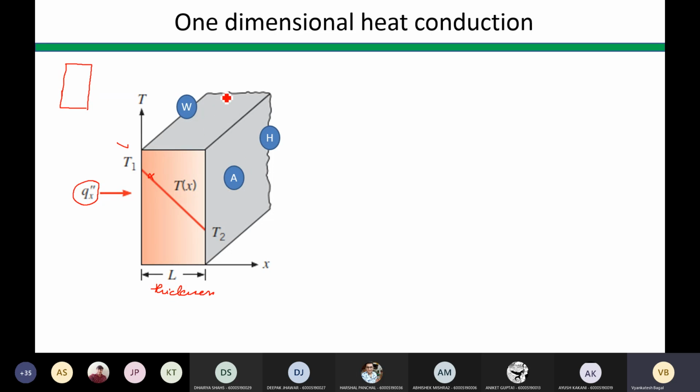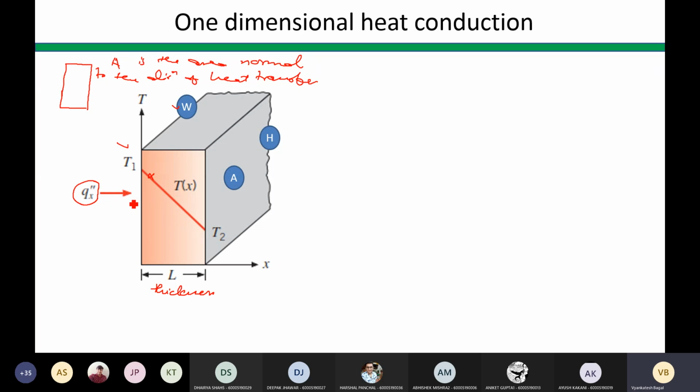Fine. And use the notations like W as the width of your slab and H as the height of your slab, and this A is the area normal to the direction of heat transfer. So now you see this is the face through which the heat transfer is taking place in the x direction.